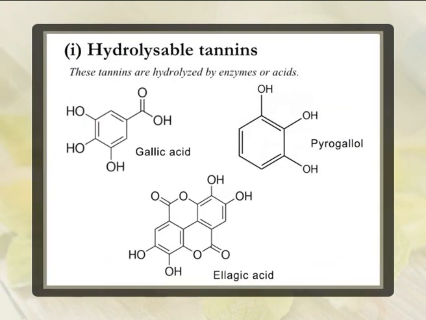Hydrolyzable tannins are composed of esters of gallic acid called gallotannins, or ellagic acid called ellagitannins, with a sugar core which is usually glucose. These are readily hydrolyzed by acids or enzymes into monomeric products.